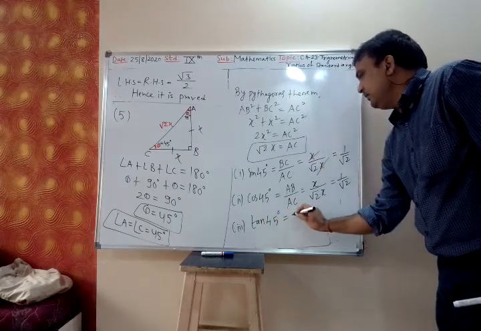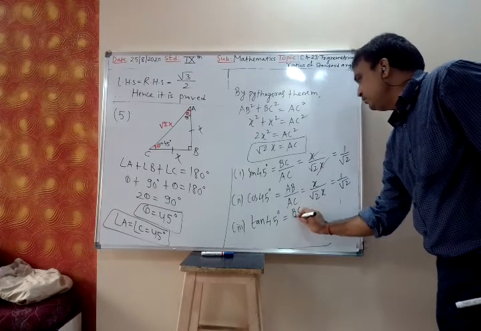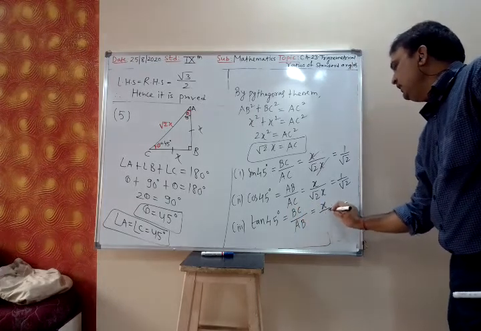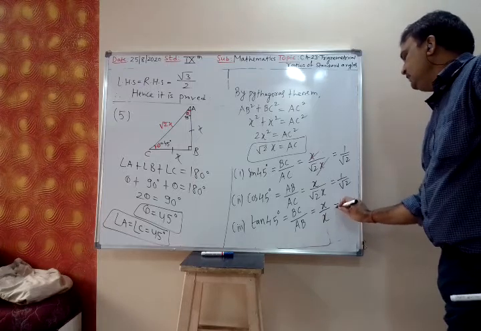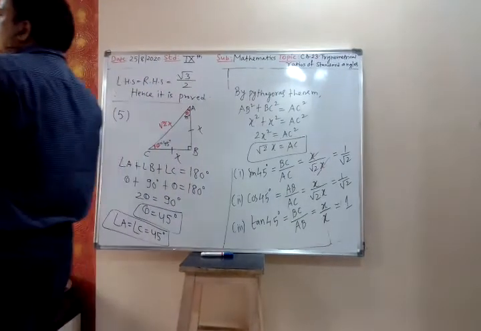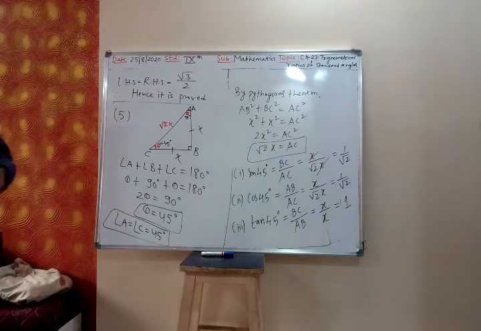What is tan 45? Opposite upon adjacent, BC upon AB. BC is x upon x, and that is 1. So tan 45 is 1. So in this way we solve the fifth one.